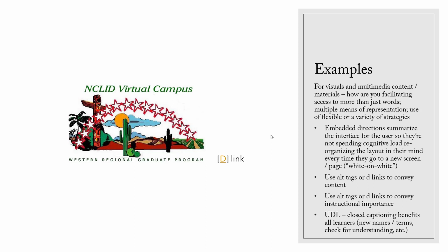I'll give you a quick example. Or in this case, like I've got right here, using alt tags or D-links to convey content and complex information, including, with some meaning, what are the aesthetics of this? Also, this is where universal design for learning may make sense, like closed captioning benefiting all learners.